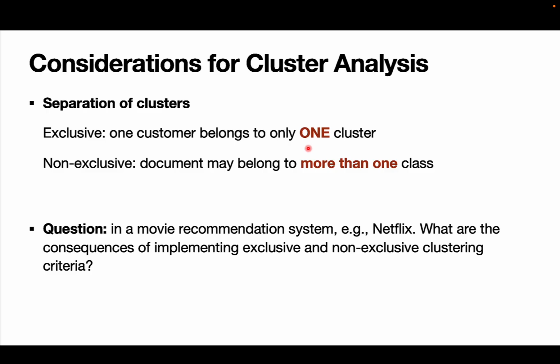On the other hand, in non-exclusive clustering or soft clustering, one object may belong to more than one cluster. For example, a document might be related to multiple topics or categories. Now, here's a question for you. In a movie recommendation system like Netflix, what are the consequences of implementing exclusive and non-exclusive clustering criteria?